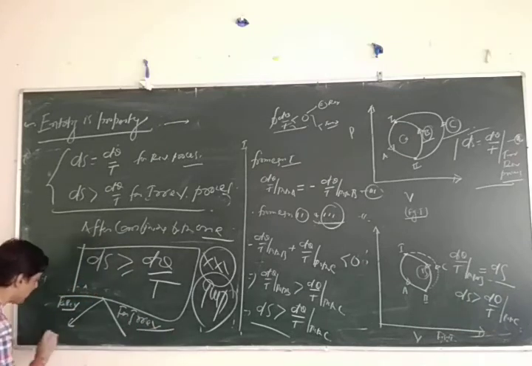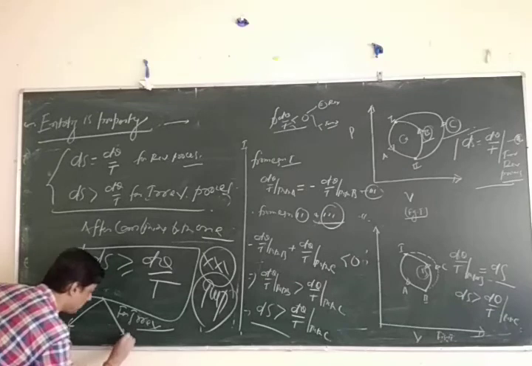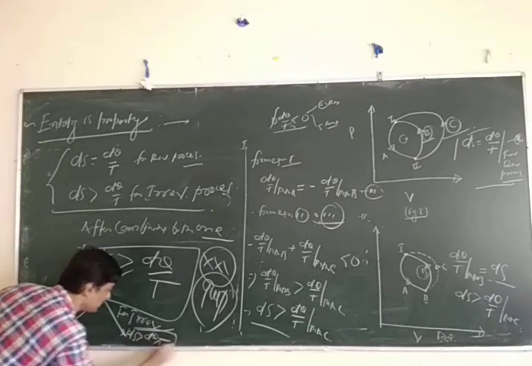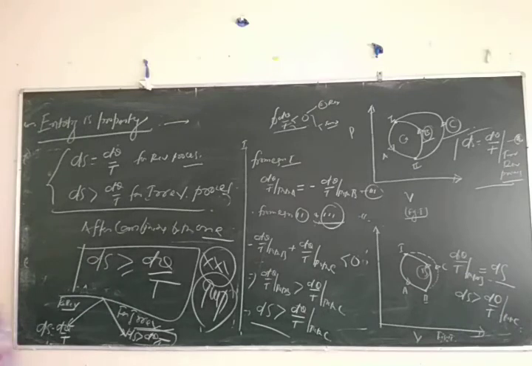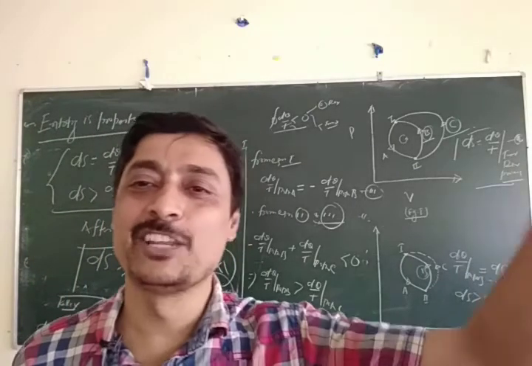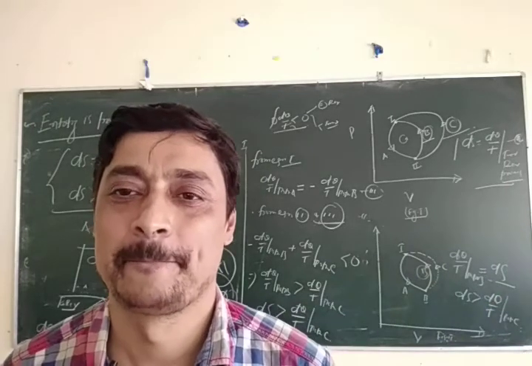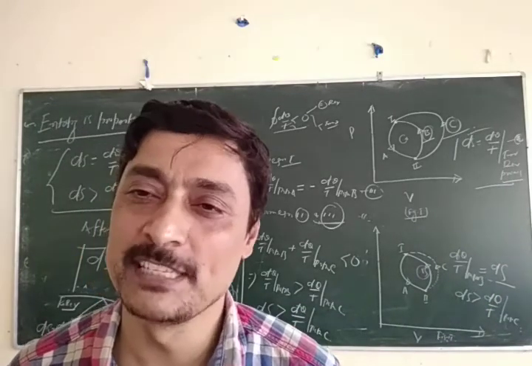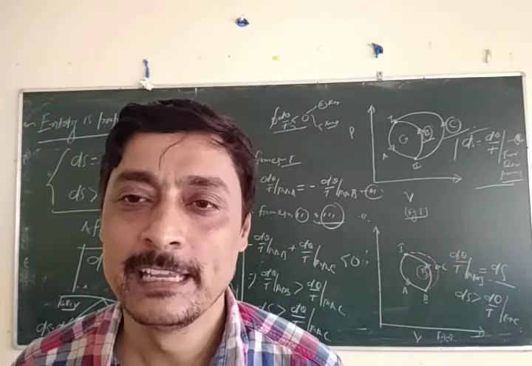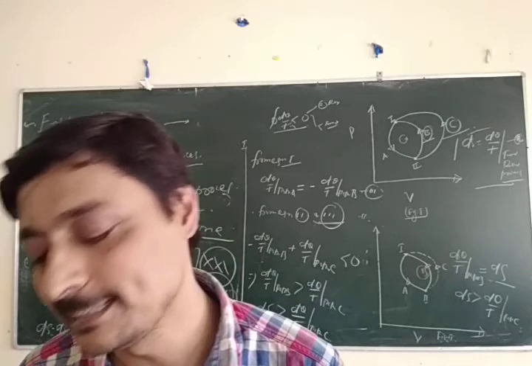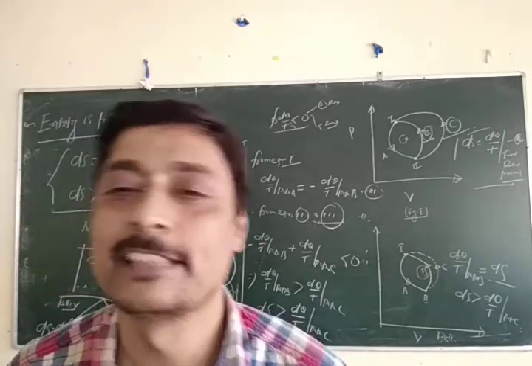For a reversible process, ds is equal to dq by T, and for an irreversible process, ds is greater than dq by T. So this is a very important result.